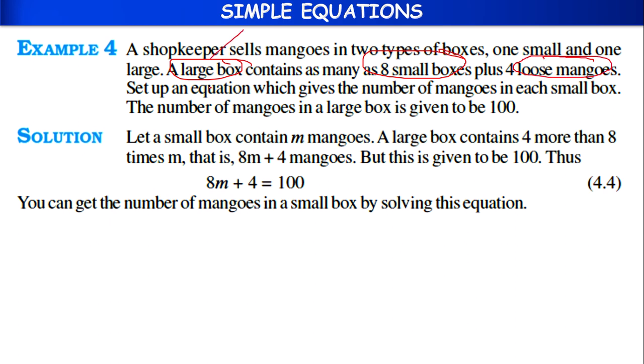Set up an equation which gives the number of mangoes in each small box. The number of mangoes in the large box is given to be 100.